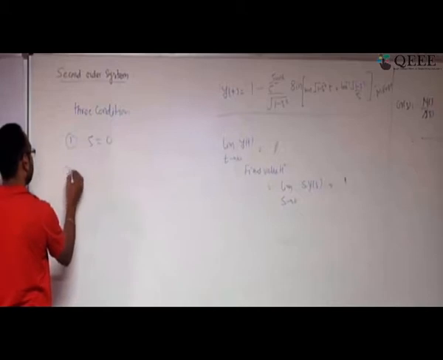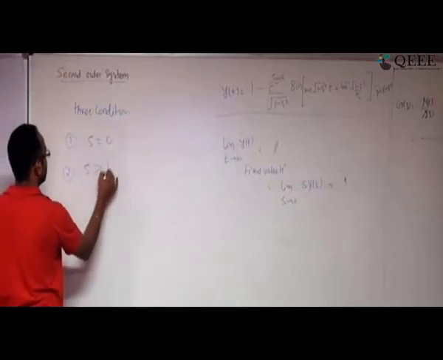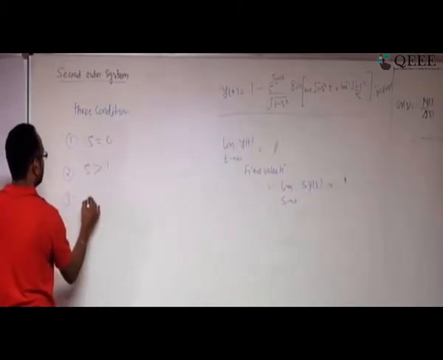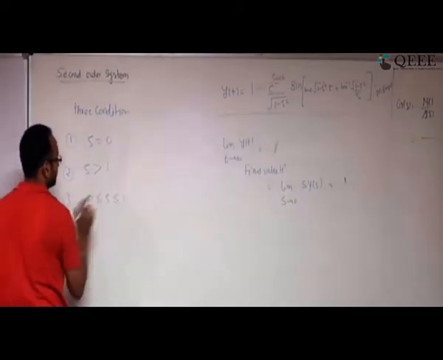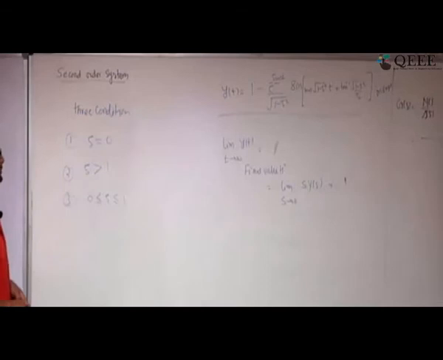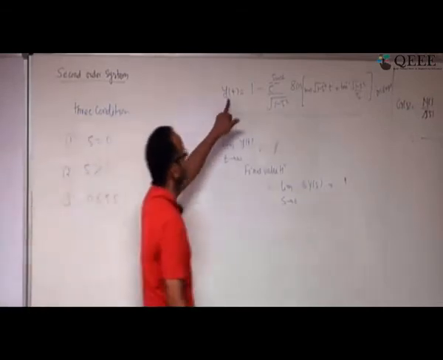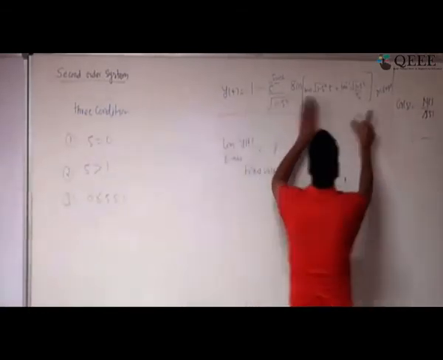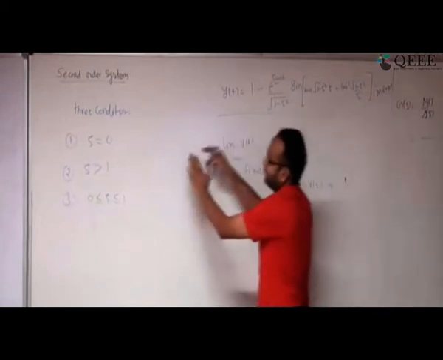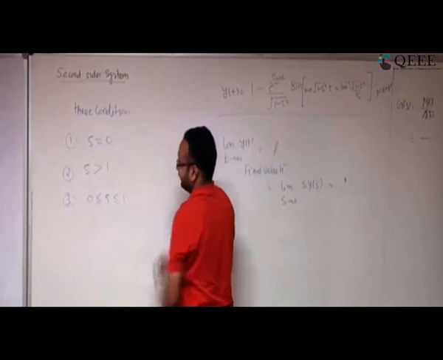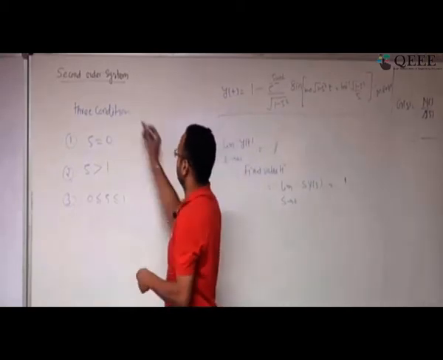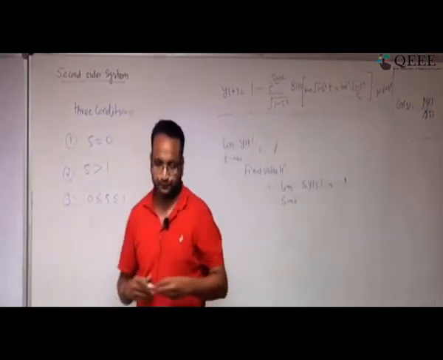Second, zeta is greater than 1. And third, these 3 conditions. So we want to understand this behavior over t, and we have seen this entire term comes. So I want to consider how this term behaves for 3 different conditions, correct?